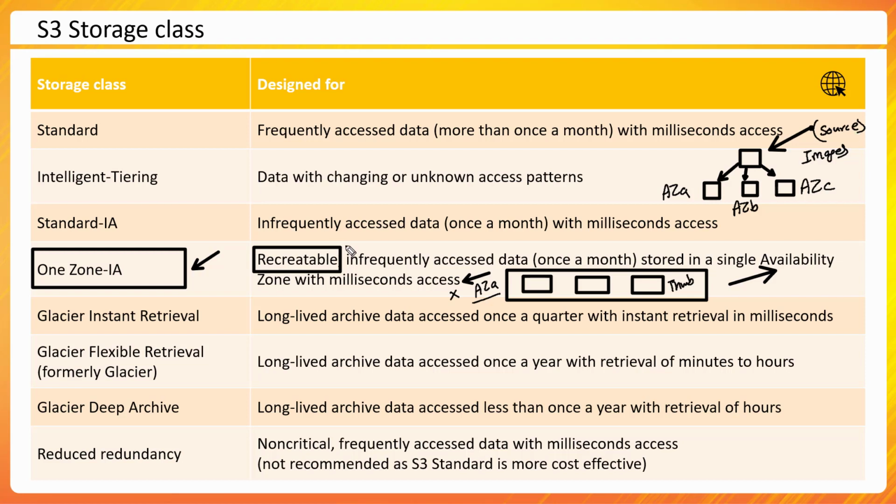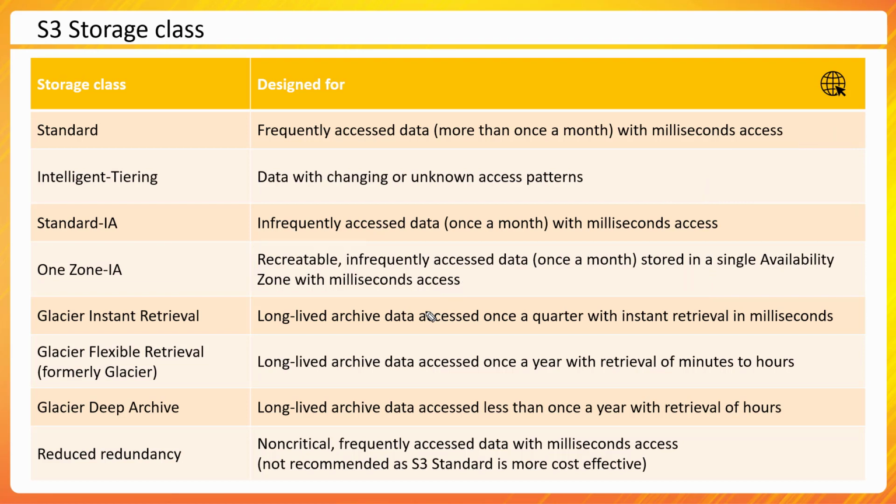So any type of data which you can recreate would probably be best suited for One Zone IA. We still get access in milliseconds, but it may not have the same levels of availability which standard storage may give you, right? So hopefully this is clear.